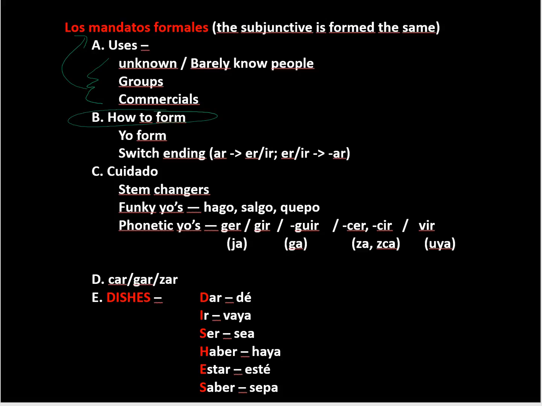For the subjunctive, we start with the present tense yo form. And then we switch the endings. Your AR verbs go to an ER-IR ending, or they take your E forms. And then your ER-IR verbs take an A ending. So if we take the verb bailar, again, bailar is an AR verb.